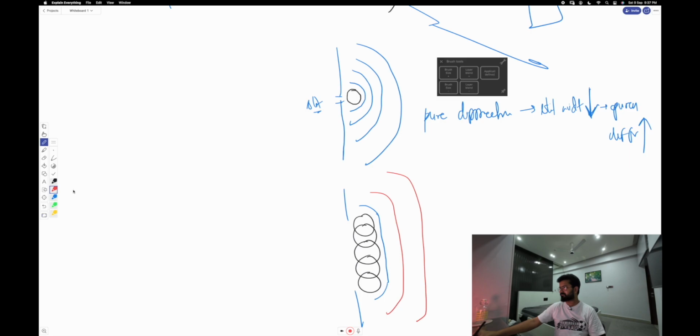So the larger the slit width, the smaller the diffraction. Sorry for the spelling mistakes here. Yes. So this is how Huygens and Fresnel were able to explain why diffraction happens through the secondary wavelets or wave fronts. Okay, that's all about diffraction.